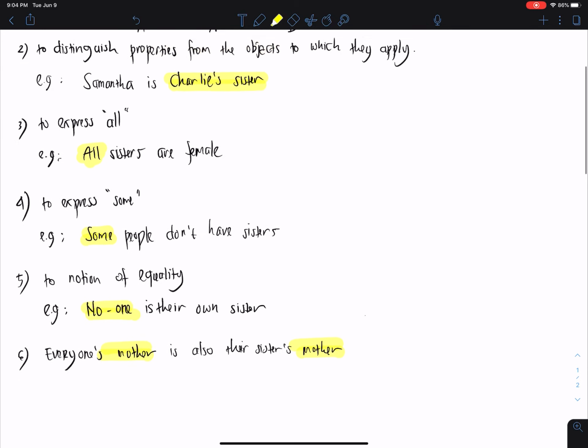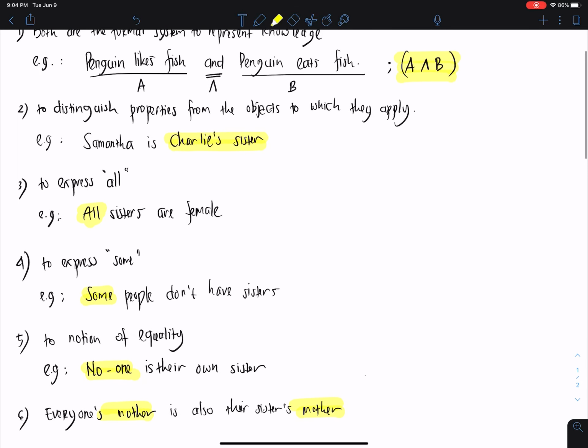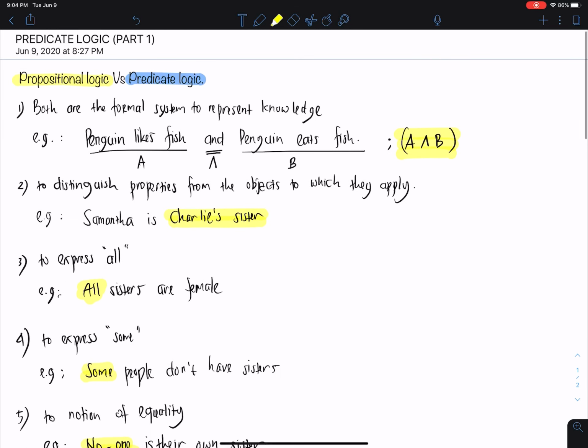Okay? So this is why we need a more powerful formal system to represent knowledge. Which is, now we would like to discuss the predicate logic itself.